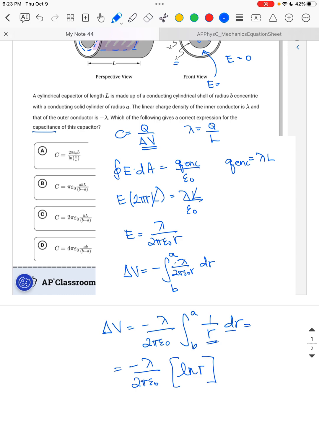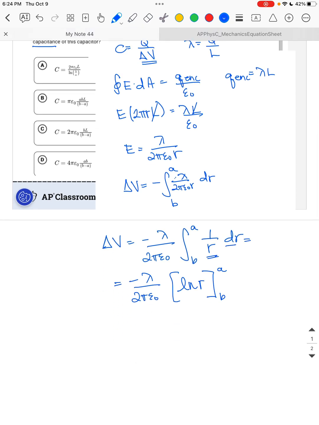And our limits are from B to A, and all we have to do is plug in our upper limit minus our lower limit. So negative lambda over 2 pi epsilon naught times ln A minus ln B. Now, because I don't like extra negatives, it's always good to simplify by factoring that negative into each side.